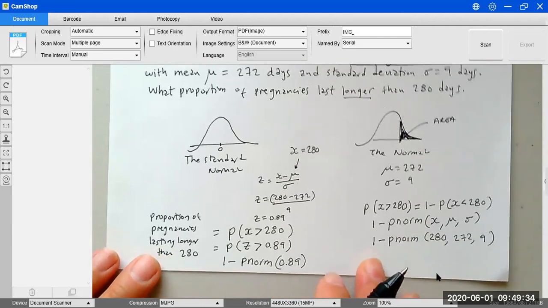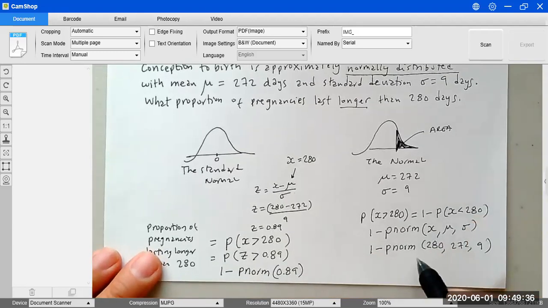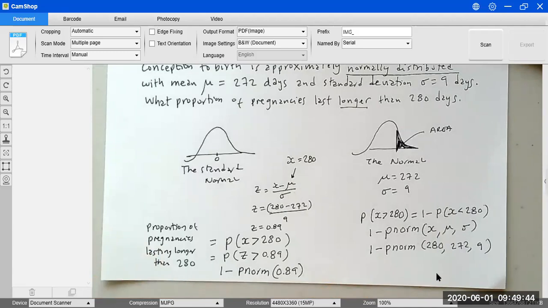When you use the X value, you need to incorporate in pnorm the mean and the standard deviation. So let's do that and see whether we get the same value for both. Otherwise, I might be missing something. So let's check.